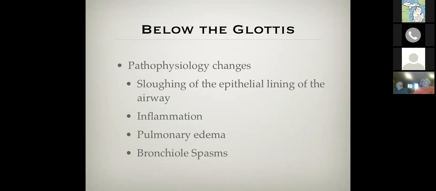That's why I said, and I'll hit on it probably 100 more times during the presentation, airway, airway, airway. The sooner you can get a patent airway, the better, because in the long run, the inflammation is going to be causing edema to the airway, as well as pulmonary edema, and can cause bronchial spasms. So we have to be very aggressive with our airway in our burn patient.